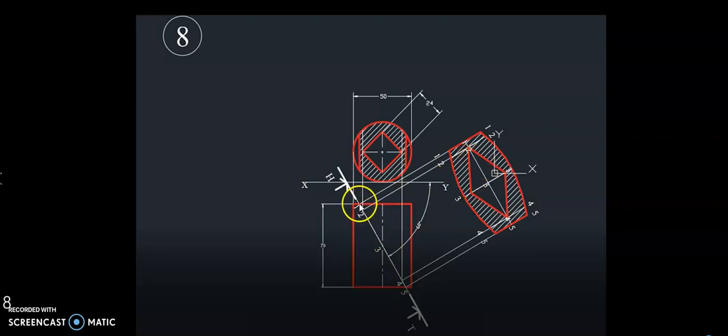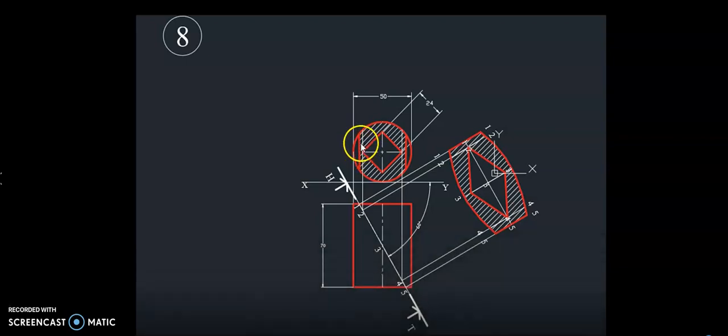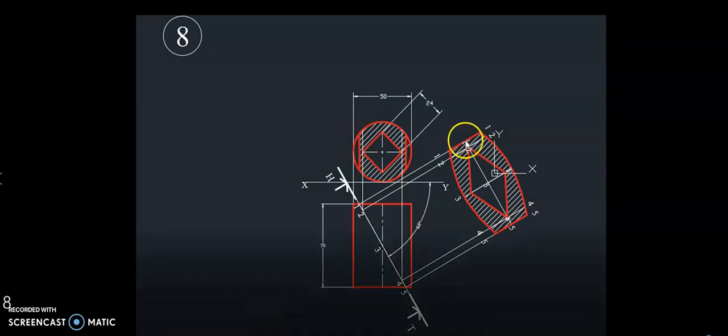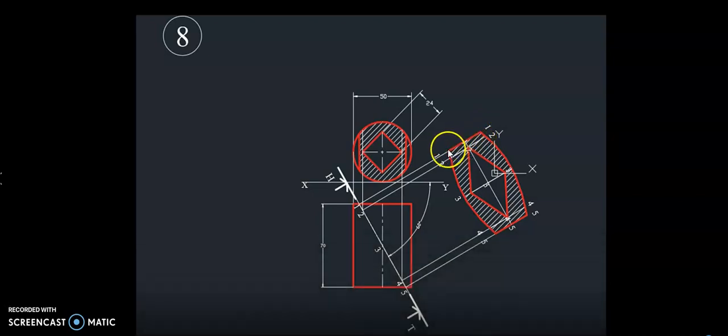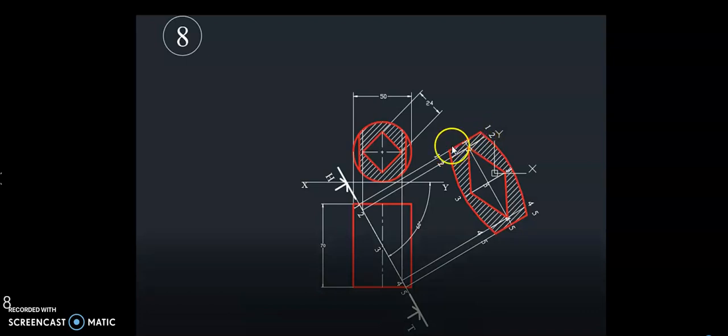Now when you project a perpendicular from this point, you have to measure this distance from this point to the outer periphery. That has to be marked here on either side of the axis, from here to here and from here to here. Now we are taking the second point here.